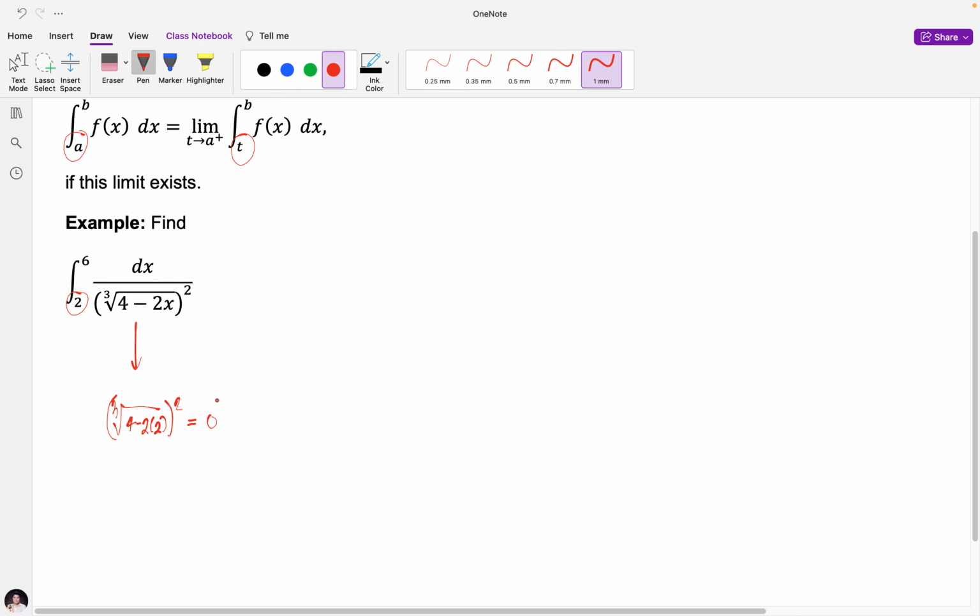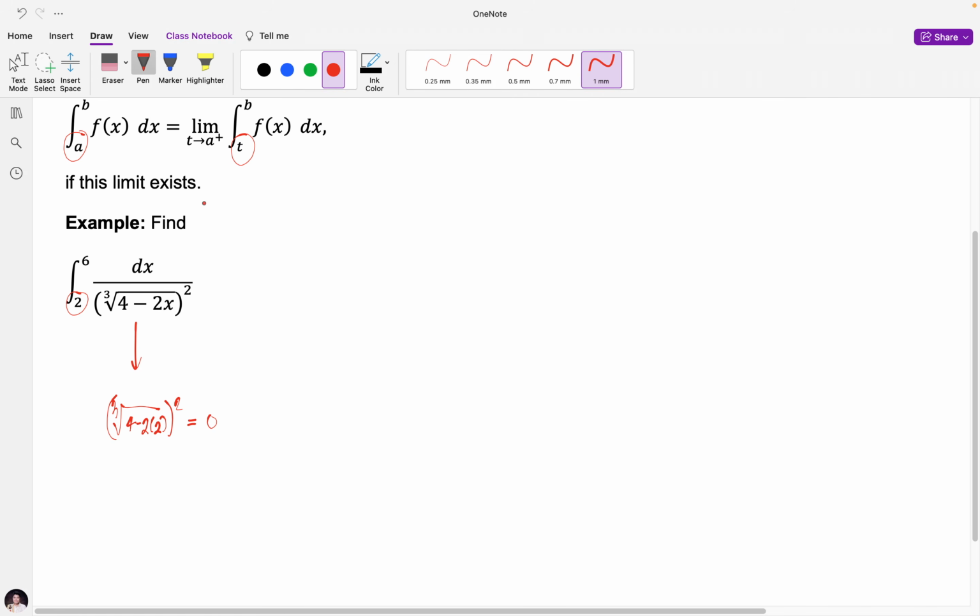So we have an undefined function at x equal to 2. That means our function is discontinuous at x equal to 2, so we will apply this technique.